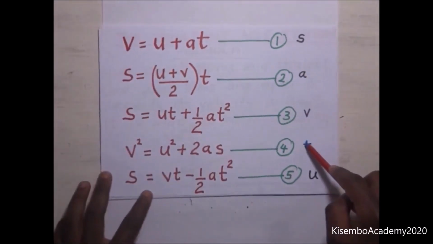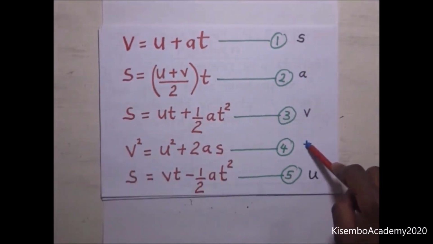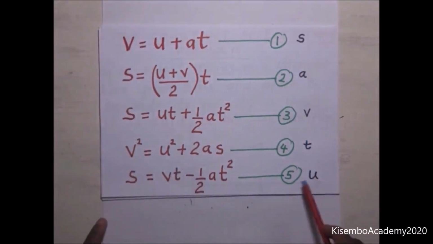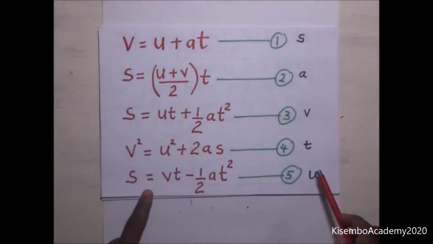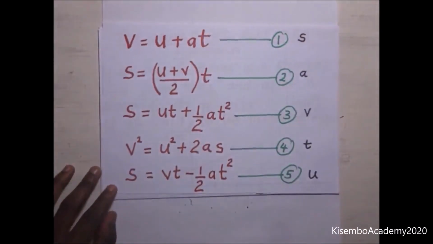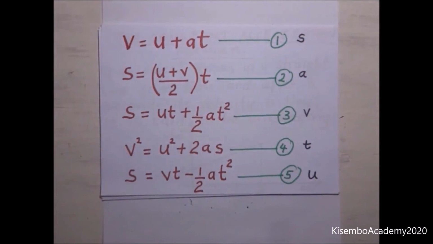Then likewise here, time in this equation is missing, but it is represented in all the other equations. And finally, even in this final equation, you're having U missing, but U is represented in all those other equations. So we'll get started with first coming from where acceleration comes from.